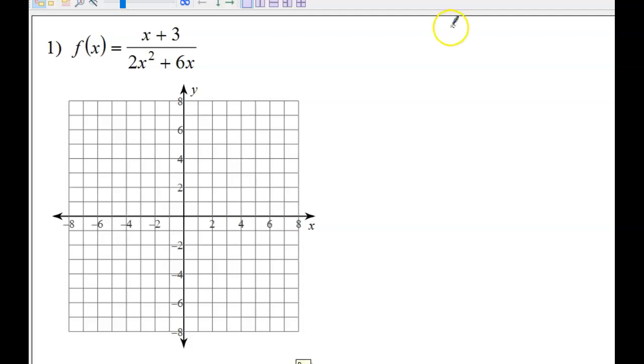Our directions are going to be to find the y-intercept. And I'm going to cheat a little bit here. Can you guys put a +1 on the end? Yes, you can. You will.